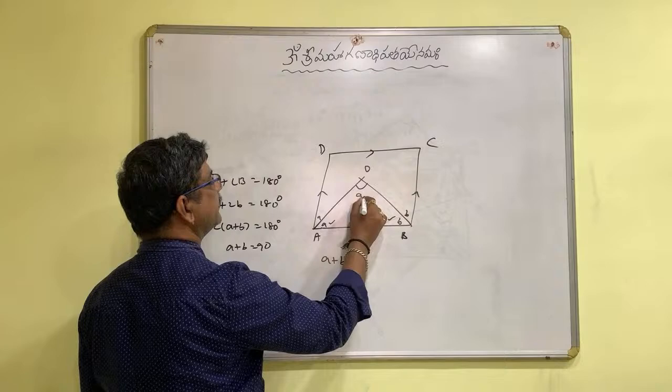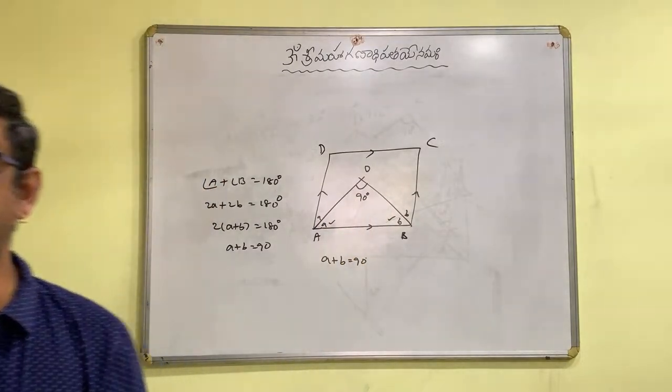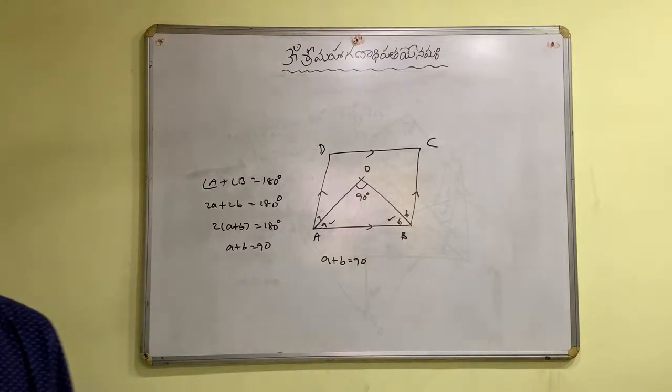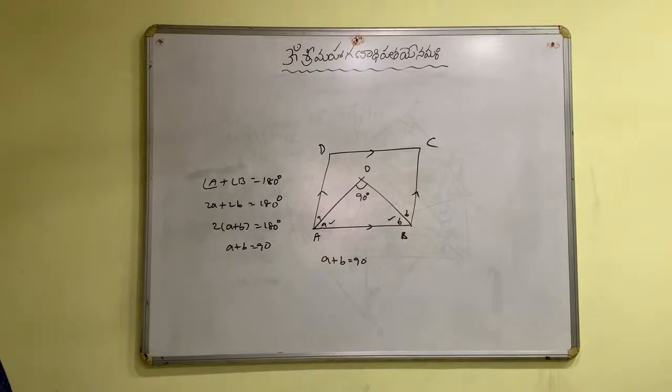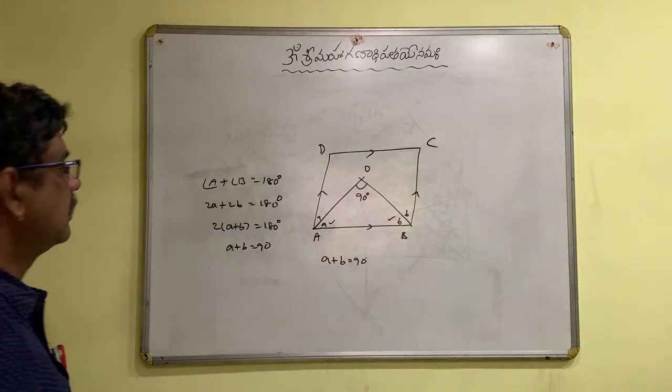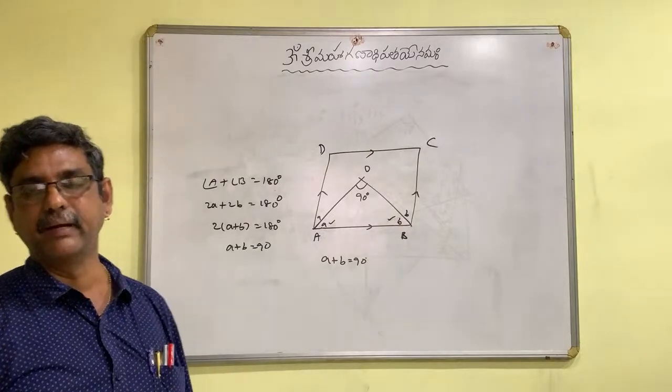Then this will be 90. So, the bisectors of any two adjacent angles in a parallelogram, they will meet at right angles. This is what you have to understand. Very, very important statement.